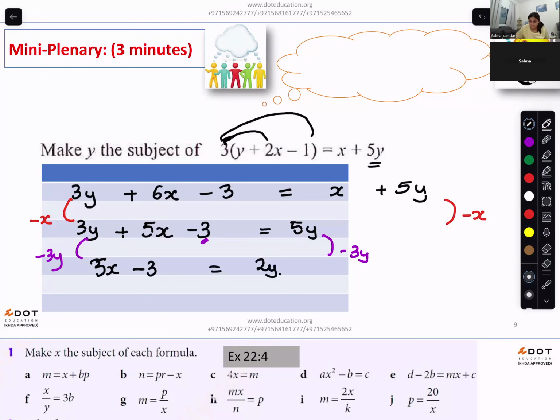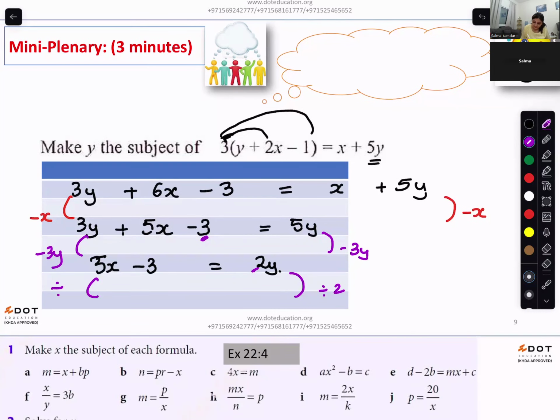Now I need y only. I don't need this 2, so I will divide both the sides by 2. So this will become 5x minus 3 upon 2 is equal to y.